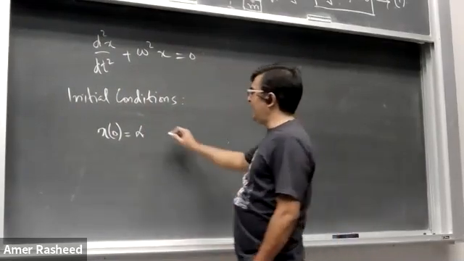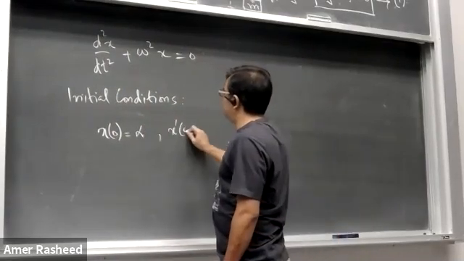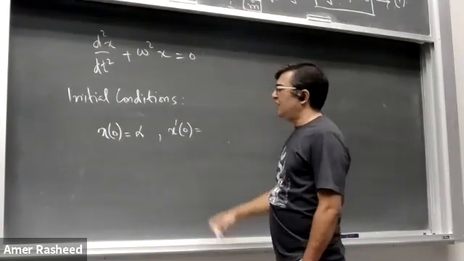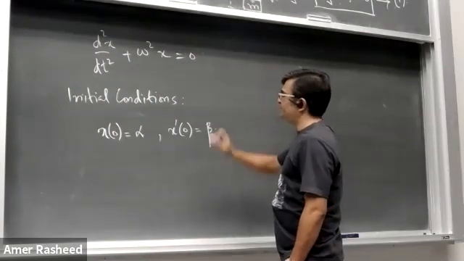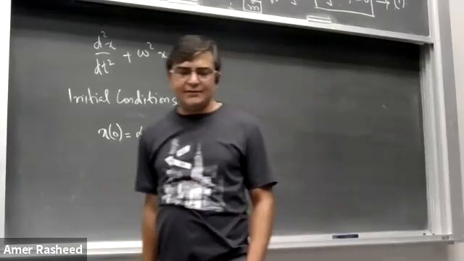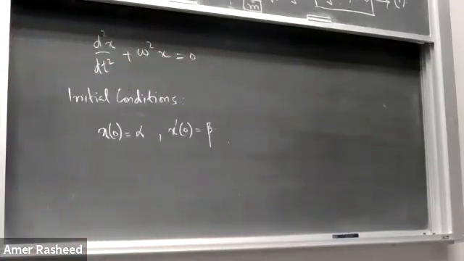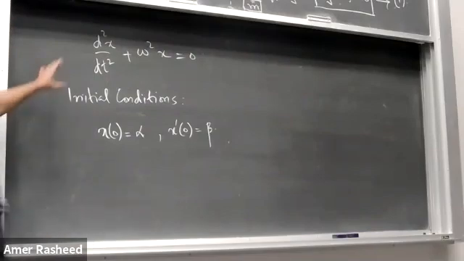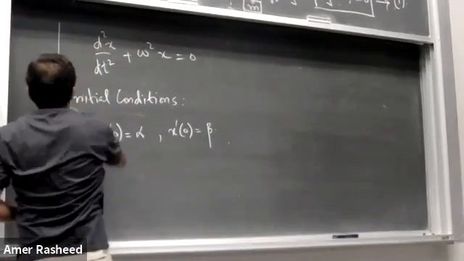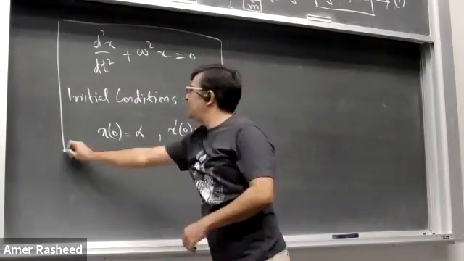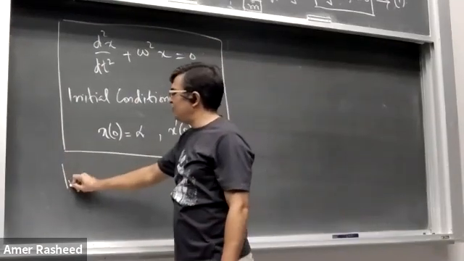And its velocity at time 0 is some constant beta, where alpha and beta are real numbers. So this differential equation, along with these initial conditions, forms an initial value problem.